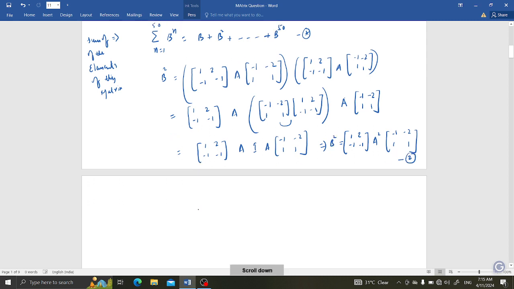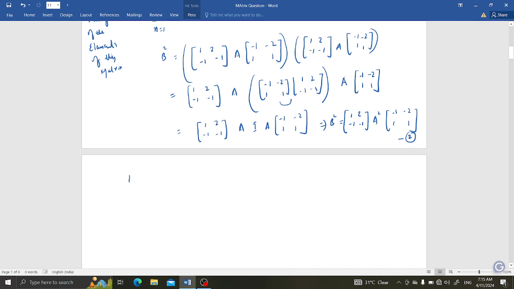In a similar fashion, B raised to the power 50 is 1, 2, minus 1, A raised to the power 50, minus 1, minus 2, 1, 1. This is your B raised to the power 50, so this is our 50th equation.